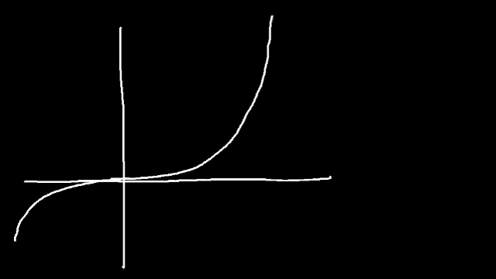Let's graph x cubed. So x cubed is a function that looks something like this. And let's say this is an x value of 1. So here is the tangent line function. Now let's say this is 1.